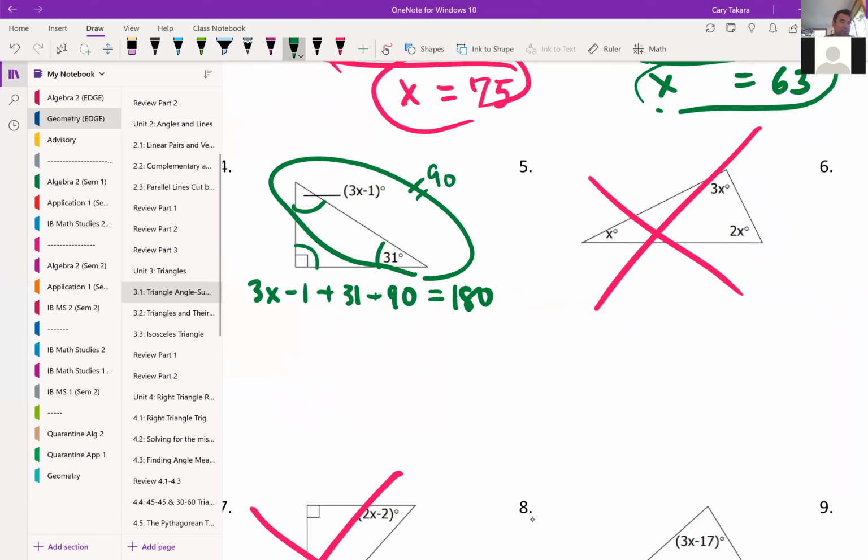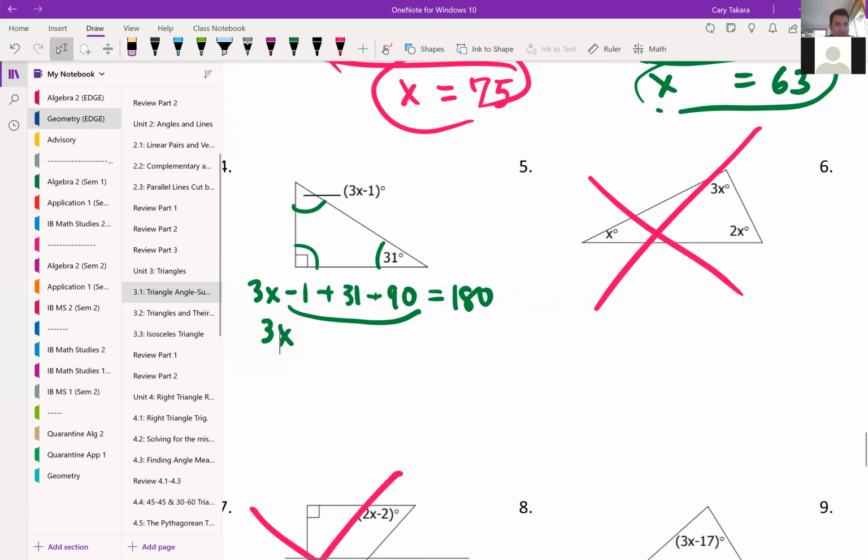That's another way to do it. That's a little bit simpler. 3x. Now I can combine all those 3 numbers together. Negative 1 plus 31 is just 30. 30 plus 90 is 120.